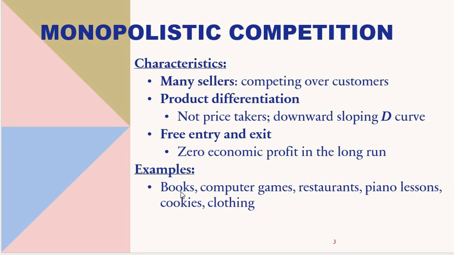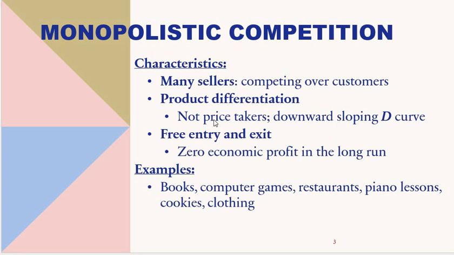And let's think about what examples of monopolistic competition markets are. The example in the textbook is books, right? When we go to, say, Barnes and Noble, there are so many different types of books, targeting different readers. So we definitely have all those sellers, like different publishers.